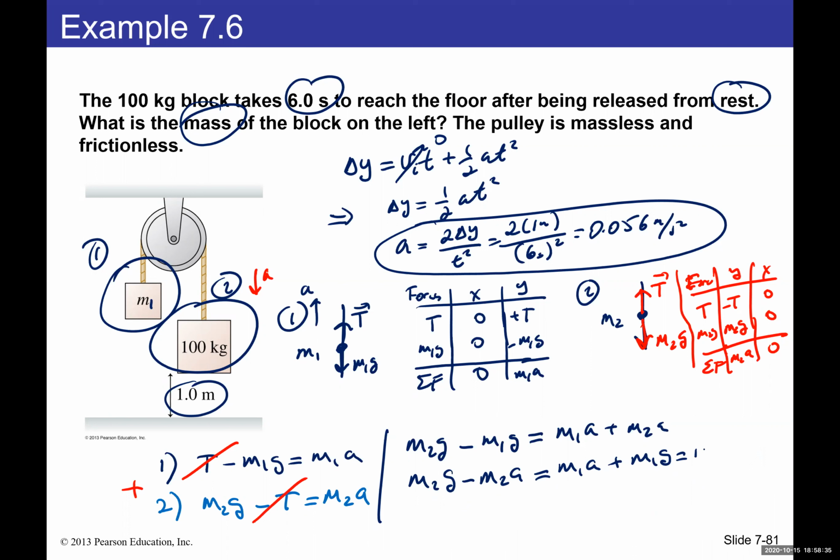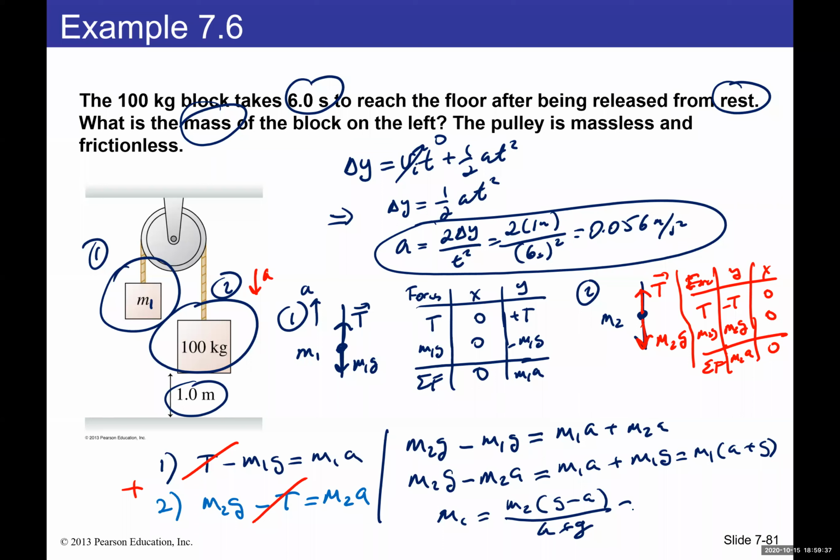That means M1 times A plus G. Then if I divide both sides, M1 equals M2G minus A over A plus G. So this is what I needed to do, sorry.